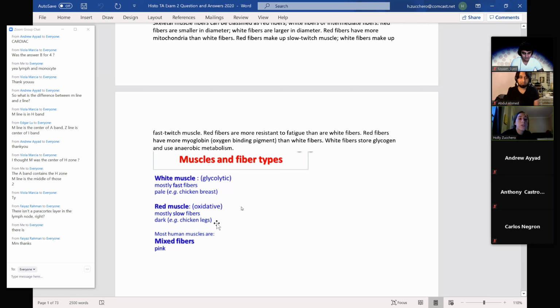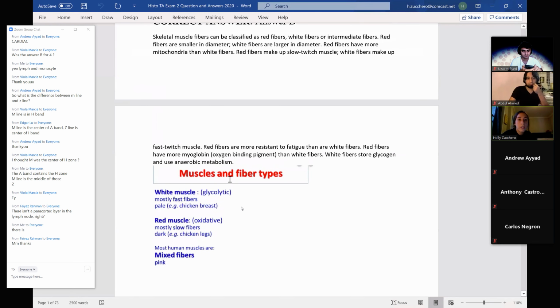Red muscle, that's your slow, so that's mostly your endurance ones. They fatigue very slowly, where white muscle is going to fatigue pretty quickly. And then you have your mixed or intermediate. So the white ones are the ones that store glycogen and they are anaerobic.